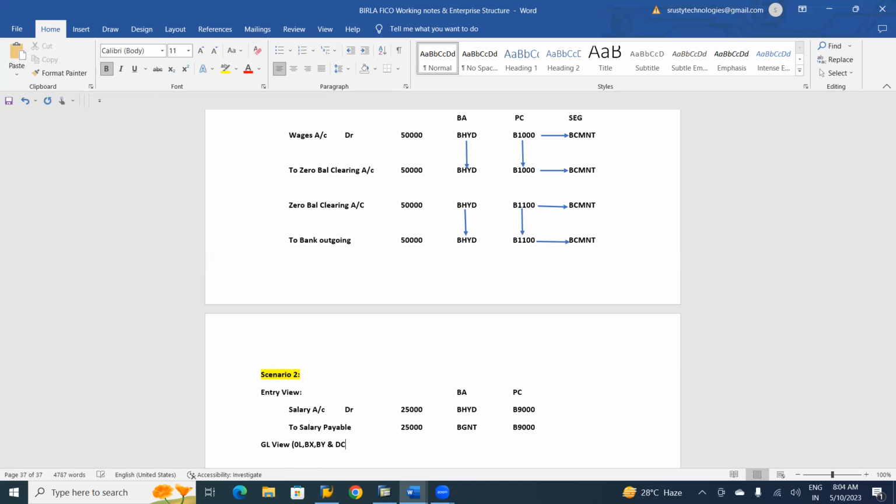Document currency, local currency, hard currency. Means the splitting in the reports you will get in the same way. That's the reason I'm insisting you read the same. Hard currency, right?